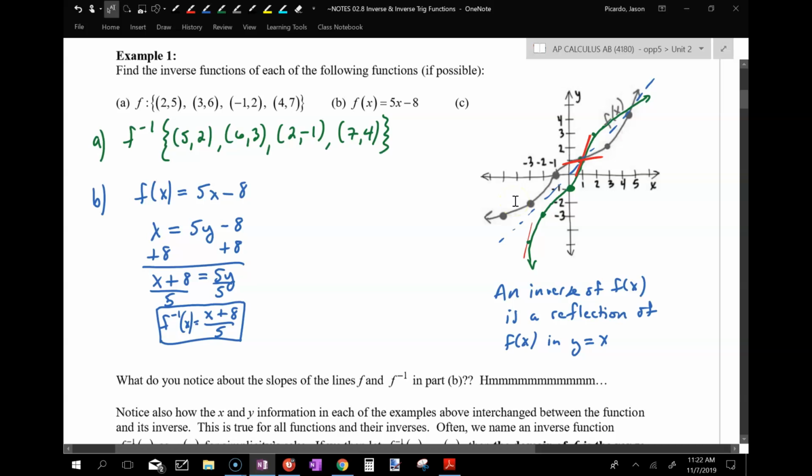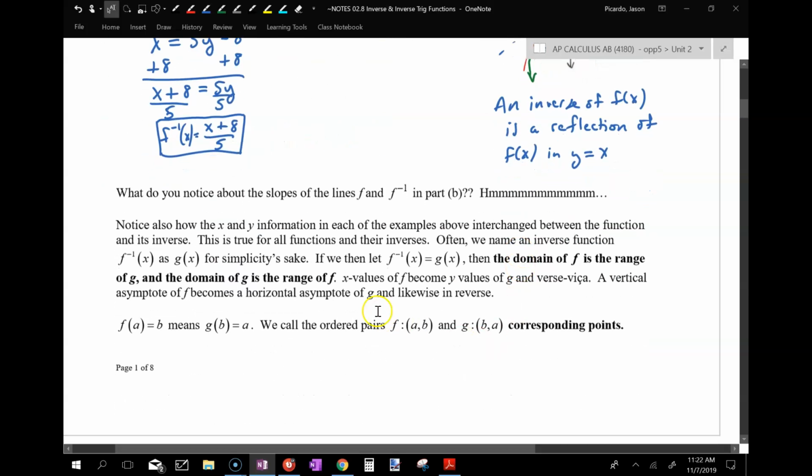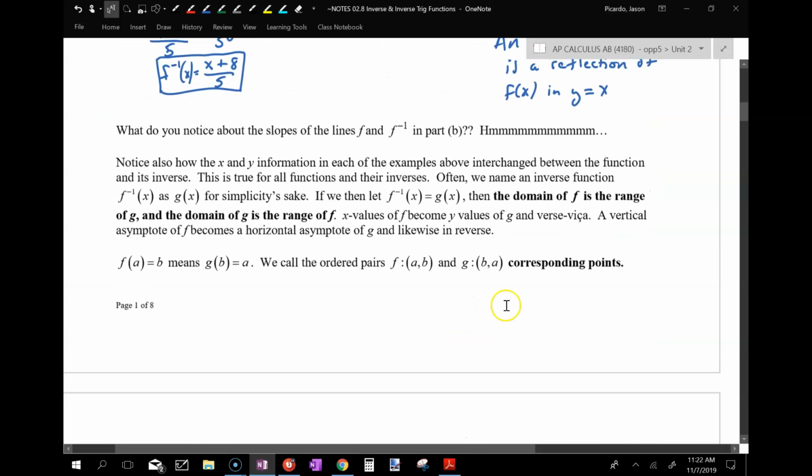So they're reciprocals. All right, let's write that down. What do you know about the slopes? So the slopes at corresponding values are reciprocals.